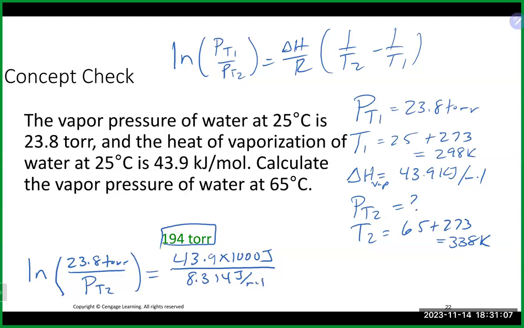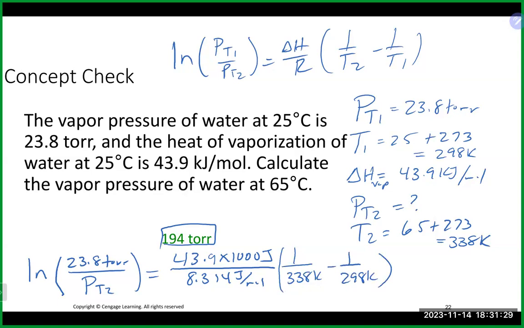Once again, that was in kilojoules. You don't want to leave one in kilojoules and the other in joules. So if you multiply the kilojoules by 1,000, you're into joules. This is going to be 1 over our second temperature, which is 338, minus 1 over our initial temperature, which is 298.